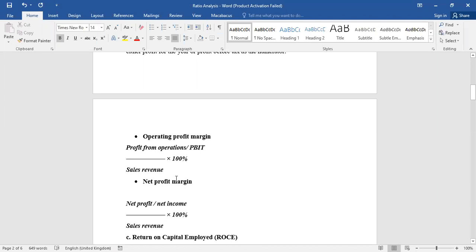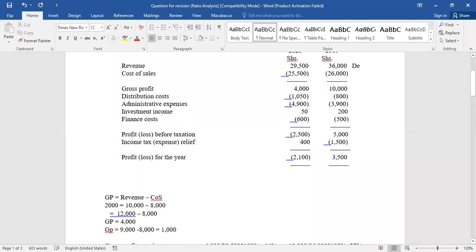Okay, so here's the question. So we're looking at operating profit margin. Now the formula is clear. You get profit before interest and tax. Now when you look for profit before interest and tax, even if I begin from gross profit margin, going down, you have profit or loss before taxation.